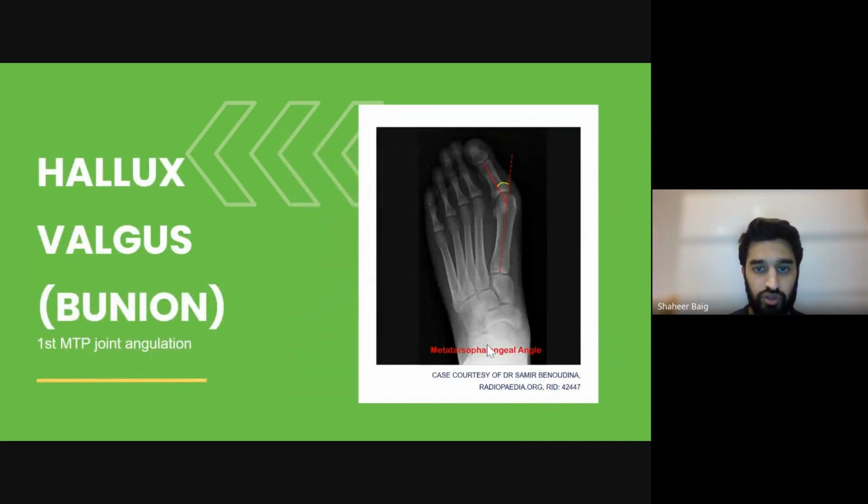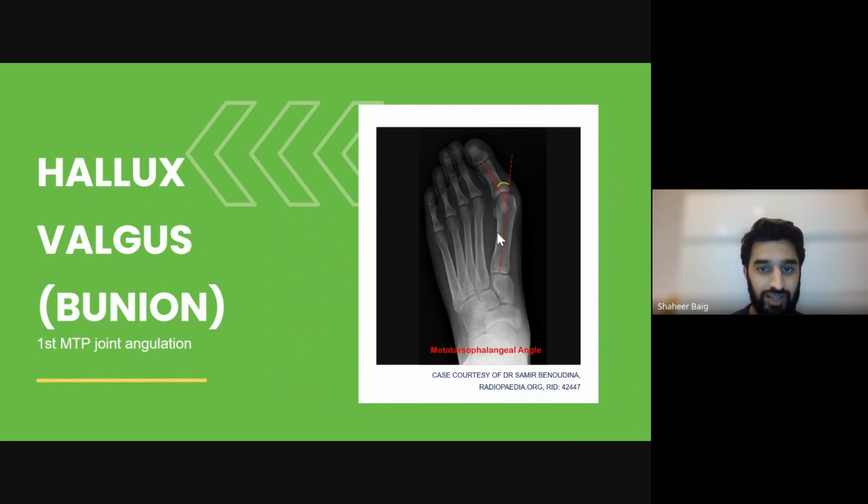Coming on to the joints of the foot, we've got what we call a hallux valgus deformity, which is where the large toe metatarsophalangeal joint is angulated beyond a certain angle, and produces this hallux valgus.